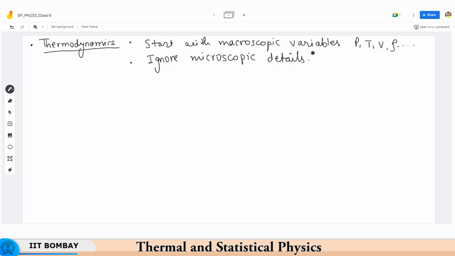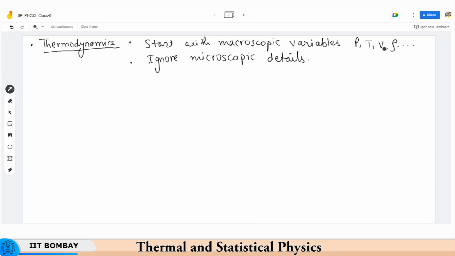So this is to say that if you give me a system with certain temperature and pressure, I understand that at the microscopic level the system is very chaotic. The gas molecules or molecules of the system are moving randomly, they are undergoing collisions, and so on. But in thermodynamics, the basic approach is that we do not really care about what's happening over there, as long as our system shows some steady properties like pressure, temperature, volume, and density.